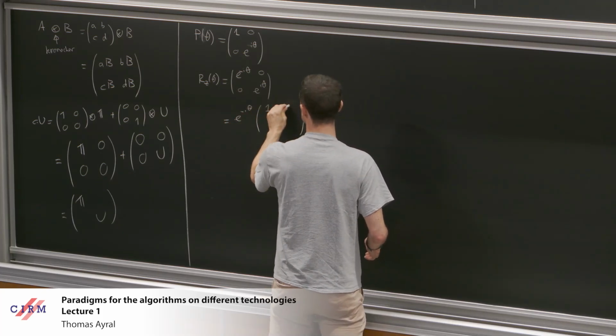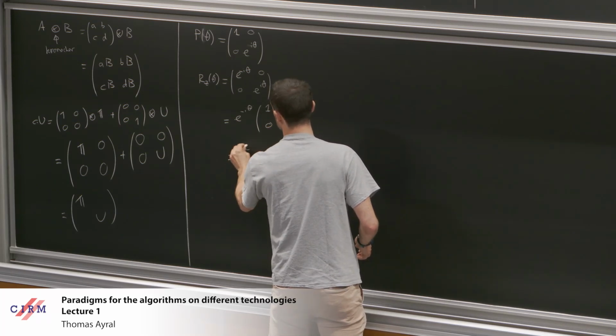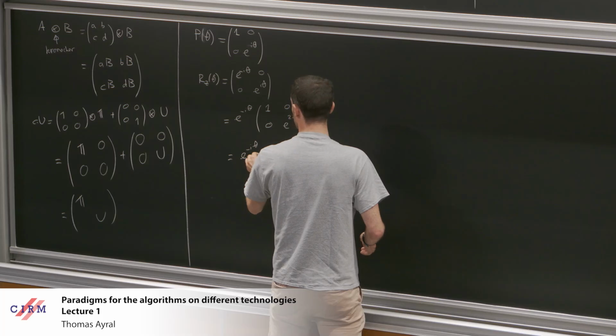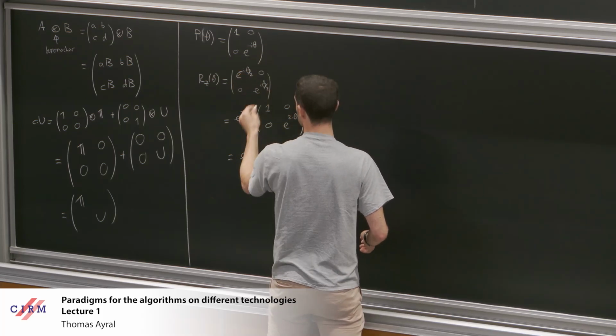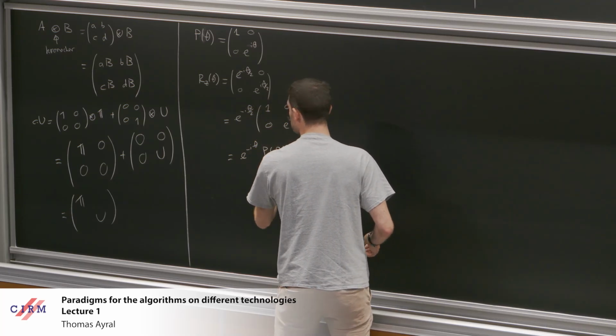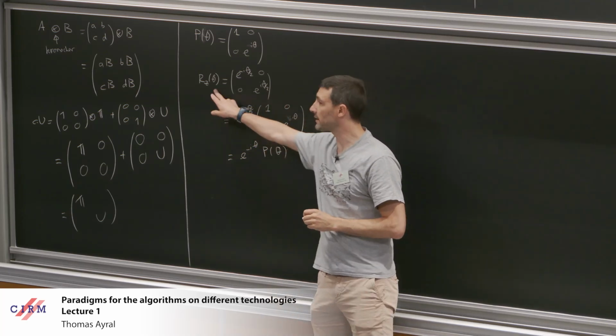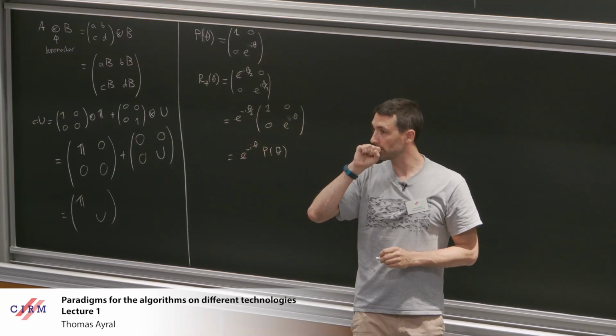And then you get 1, 0, 0, and here exponential of 2i theta. So you see that it's the same as, and so I missed factors of 2 that I had above here. And now you see that it works. So now you see that both gates, RZ theta and P theta, are related by a global phase, so I don't care about the global phase. Okay?